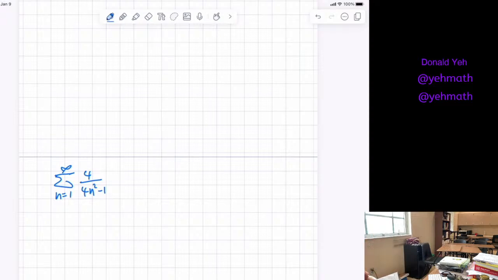But this one doesn't. So how do you split it? Partial fraction decomposition. Okay, so I want you guys to figure out the answer to this one.